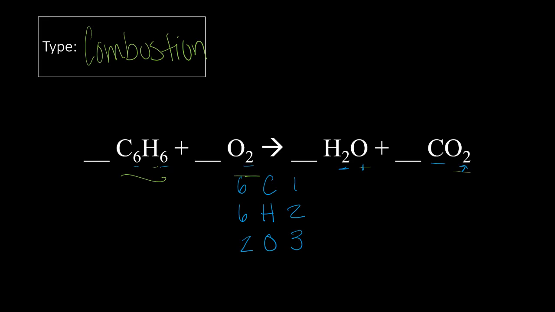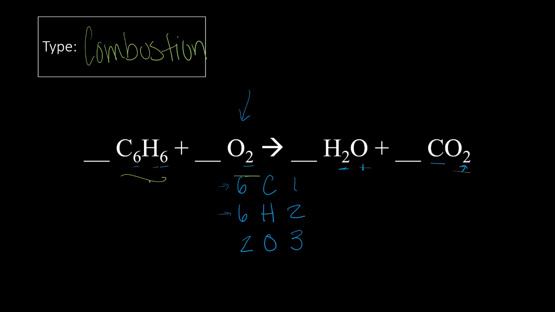I'm going to go in this order. Okay, so I'm going to try to balance the carbons, then I'm going to balance the hydrogens, and then I'll leave the oxygens for last. I leave the oxygen for last because it's in its element form here, and so I can kind of put on whatever number I need to on that O2 to make sure things balance out.